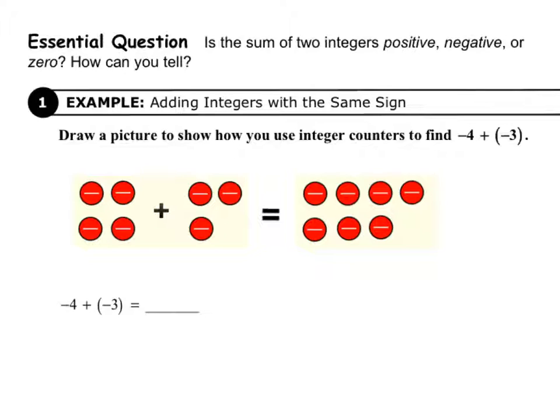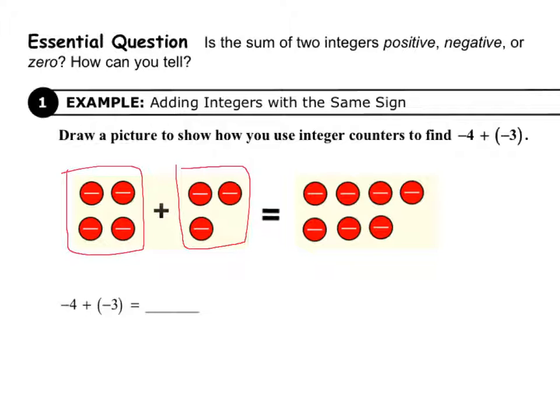So since we're drawing a -4, you would draw, just like I have drawn here, 4 circles with negative signs in them. So draw that in your book, and then draw an addition sign, and then draw 3 circles with negative signs in them to represent the -3.